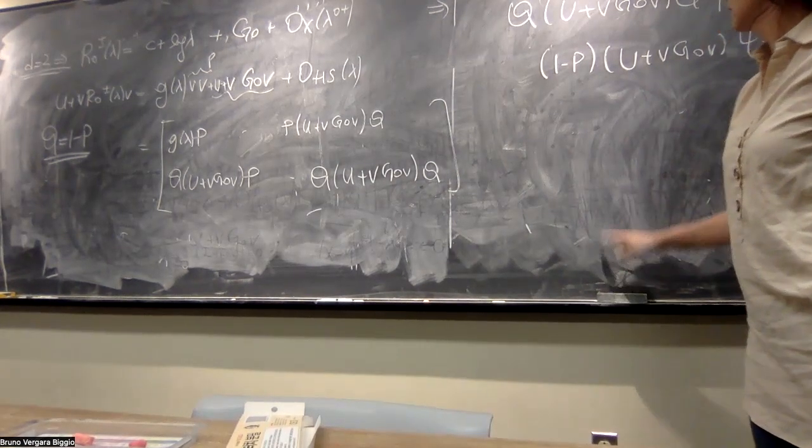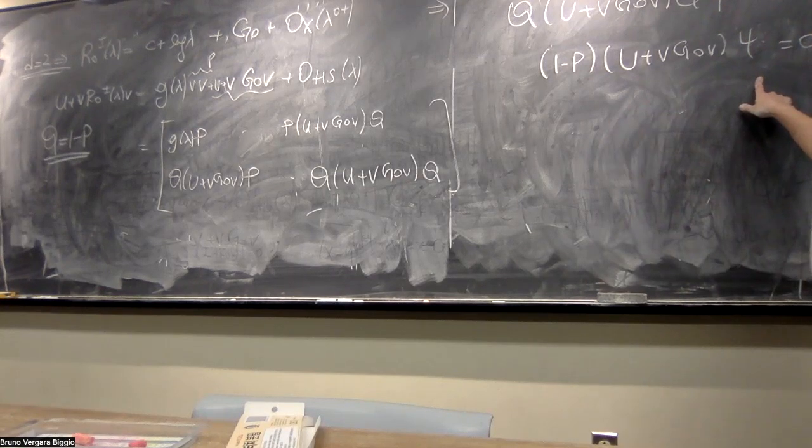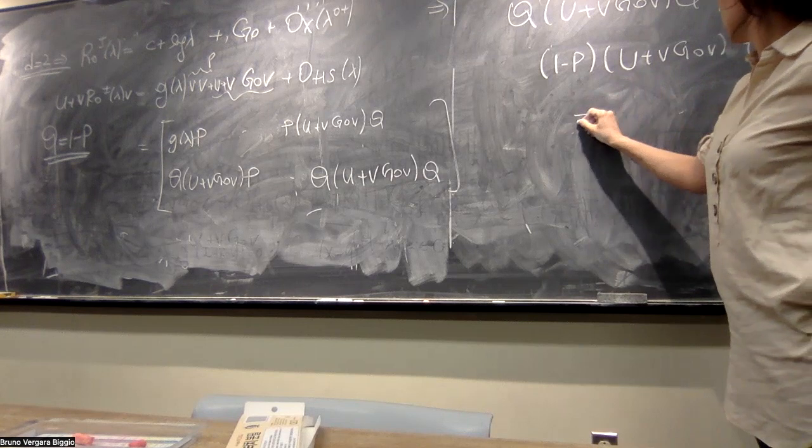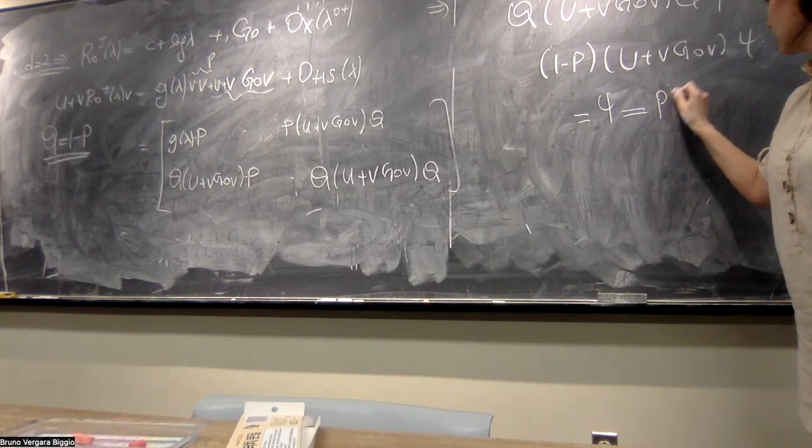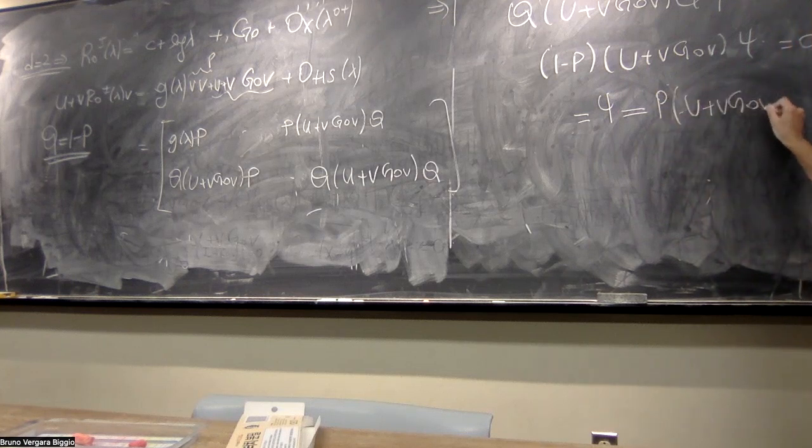And if you just put the P on the other side, I will have phi times P U plus G0 V phi minus V G0 V phi U. This is how it's supposed to come.